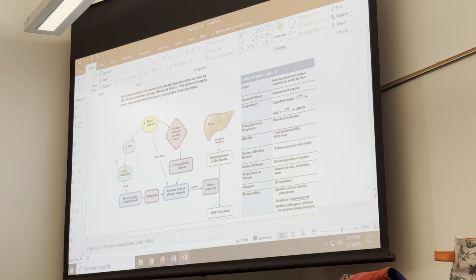Okay. So then you have less sodium chloride passing by the macula densa. Does anybody remember what macula densa cells are? They're modified what? Epithelial cells of the proximal convoluted tubule, distal, no. Collecting duct, which tubule?